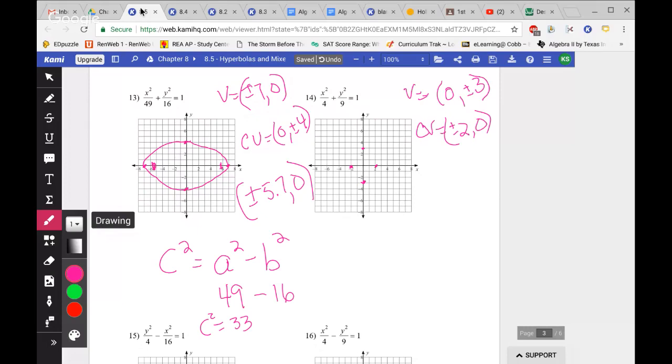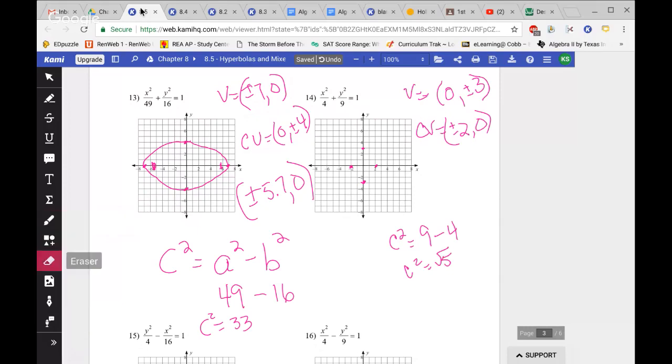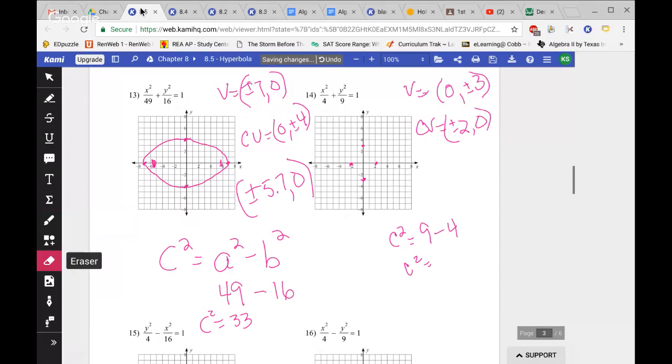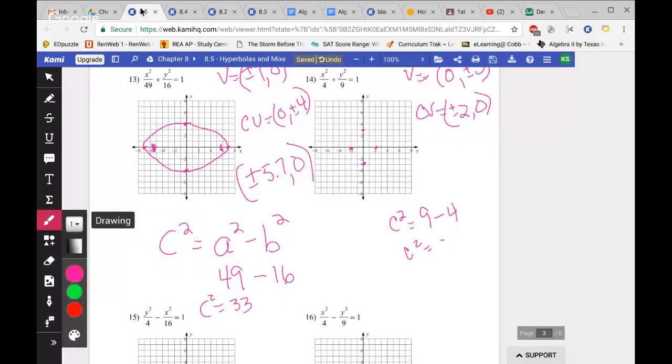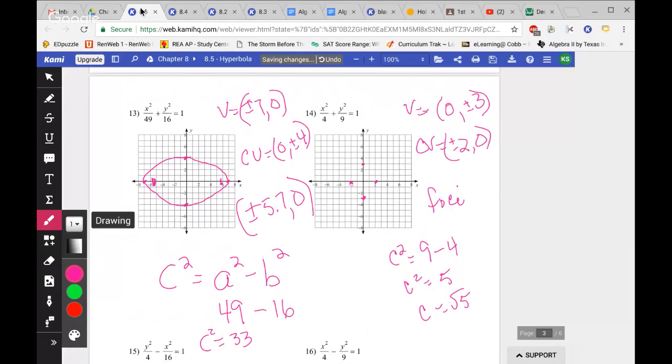So I have to find then my foci, which are going to be 9 minus 4. So c squared is actually 5. And c is the square root of 5. So my foci are going to be in the y position.